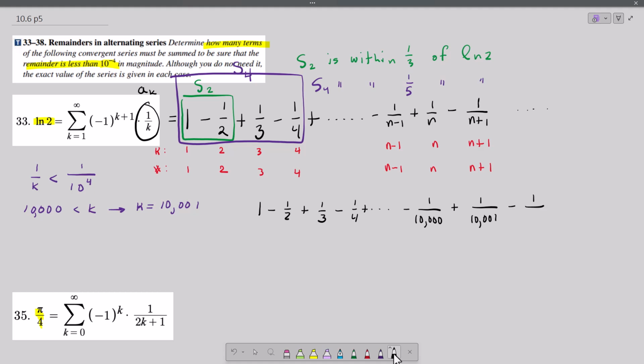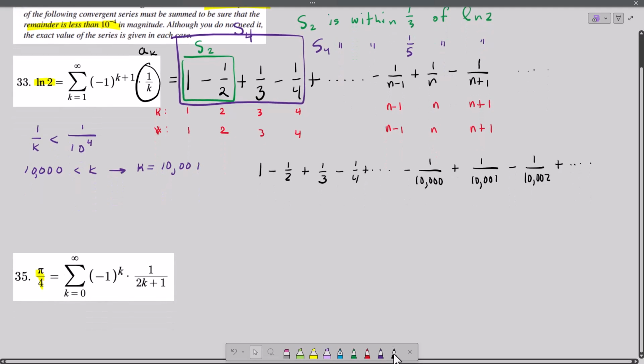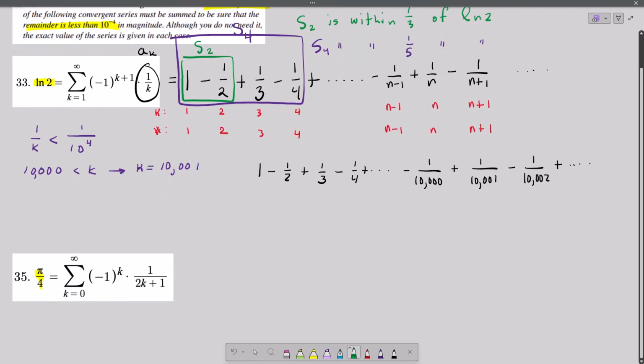And then minus 1 over 10,002. And that pattern goes on forever. So that's what our series looks like. And we just said that the very first term that's under 10 to the negative 4 is that. That term is under 10 to the negative 4. All right, so we have to go out to 10,001 for k, which matches the number of terms.